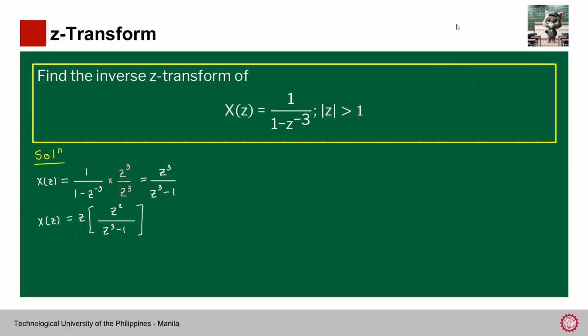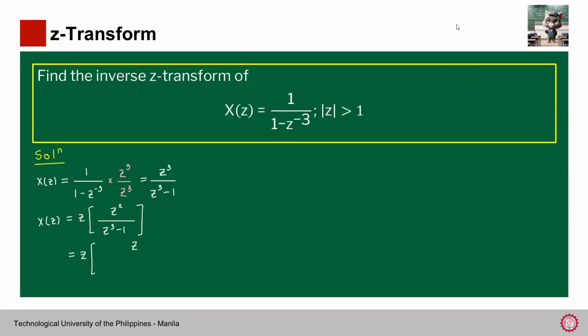Alright? So now, this is it, guys. We will perform partial fraction decomposition. And now this is the challenging part, guys. We should know our factoring, so I hope everyone can still remember it.